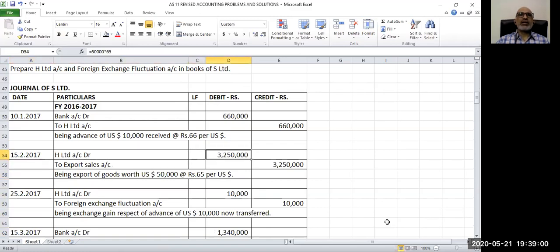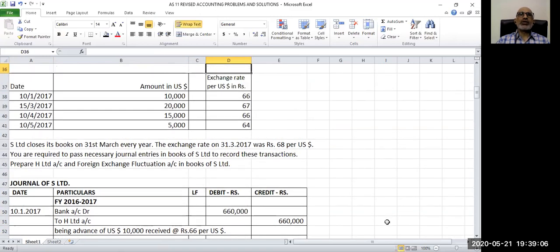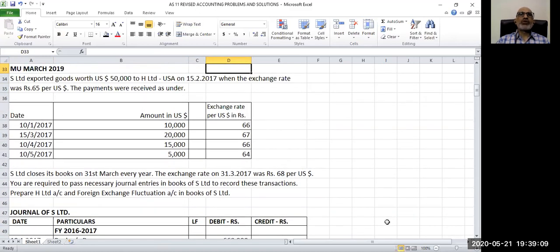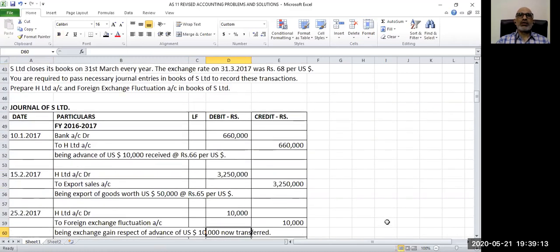The value of consignment is $50,000 at the rate of 65 rupees per dollar. So we have recorded this export sale where the value of dollar was 65 rupees and 50,000 is the total dollar value of consignment, aggregating to 32.5 lakhs in Indian rupees. So the entry on 15th Feb, H Limited account debit to export sales 32 lakhs 50,000 rupees.